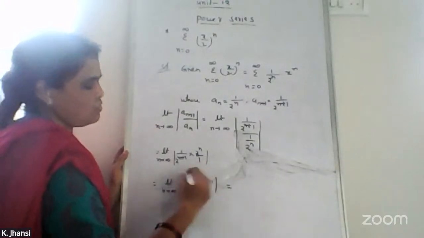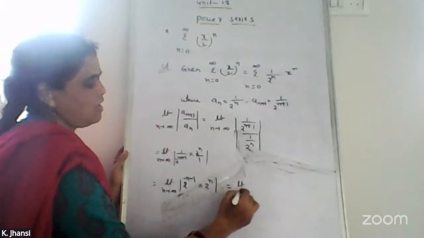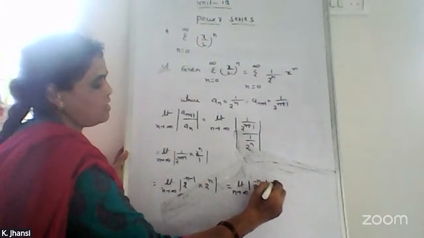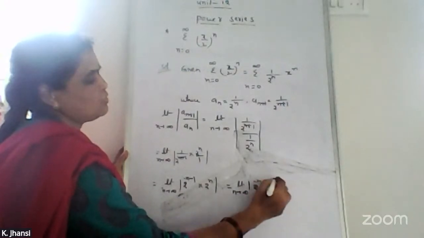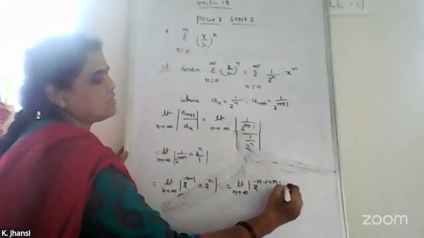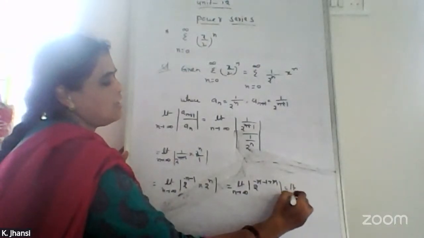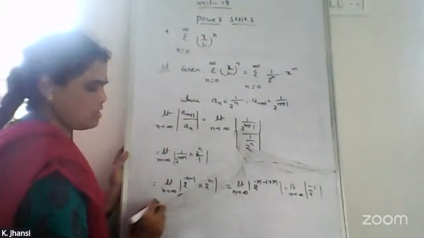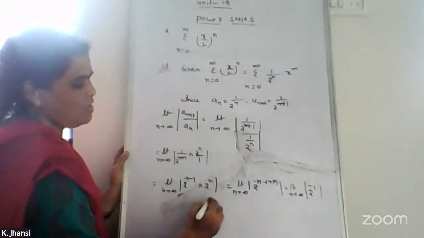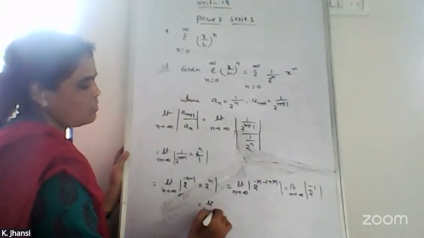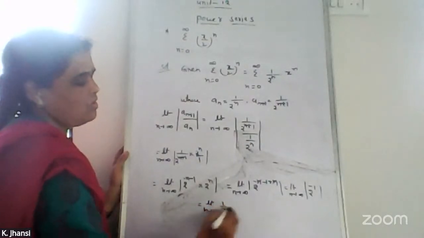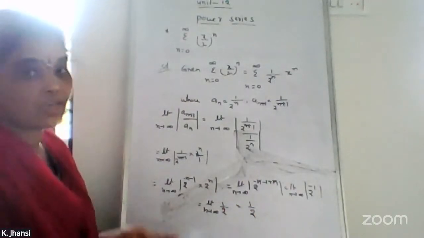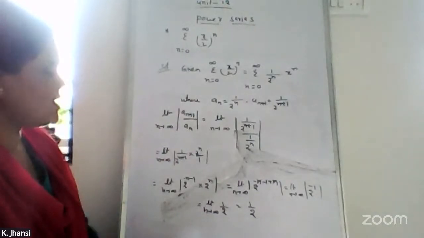So this is the limit of mod of 2 to the power of minus 1 plus n. So the n and minus n get cancelled, and we get the limit as n tends to infinity of 2 to the power of minus 1, which is 1 by 2. A constant's limit will be the same constant value, so you get 1 by 2.